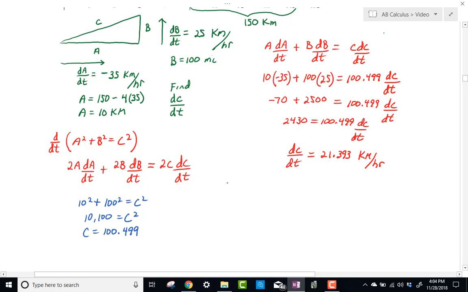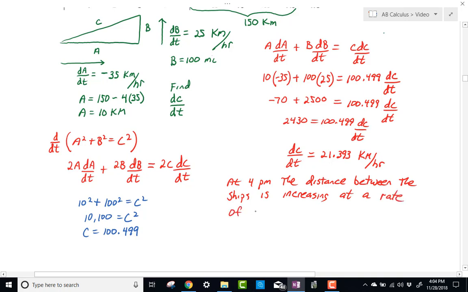So what are we saying here? We're saying at 4 p.m., the distance between the ships is increasing at a rate of 21.393 kilometers per hour.